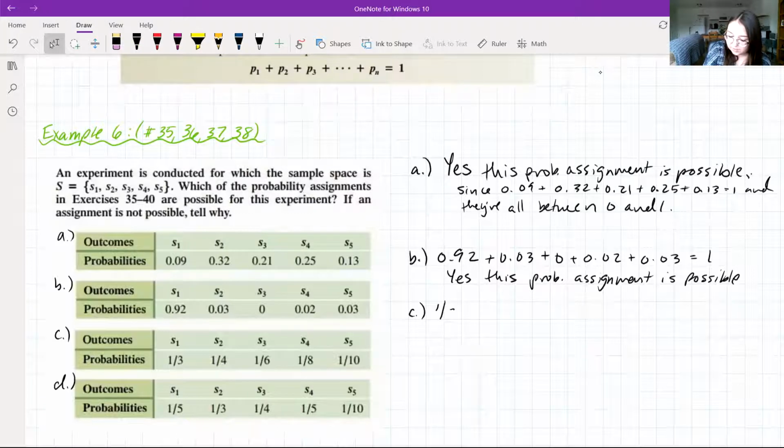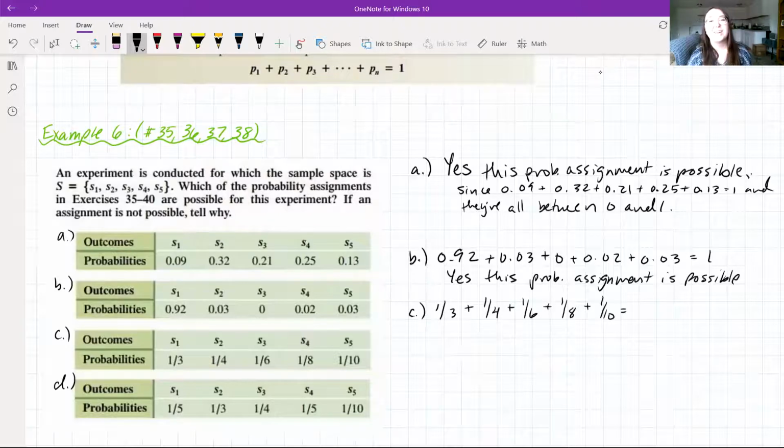So we've got 1 divided by 3 plus 1 divided by 4 plus 1 divided by 6 plus 1 divided by 8 plus 1 divided by 10. I invite you to calculate this value on your own, and I would highly suggest calculating this in decimal form.